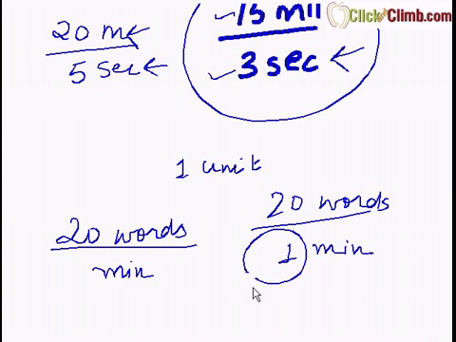No need to write the 1 because minute means a unit minute, so that's called a unit rate. So a rate is the ratio of two measures of different units, and a unit rate has a denominator of 1 unit.